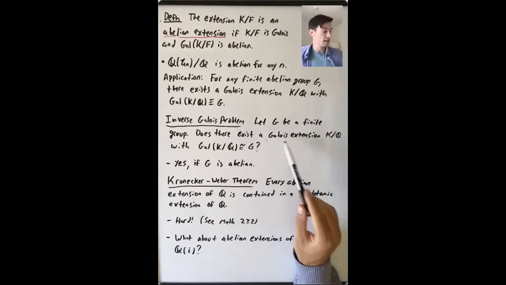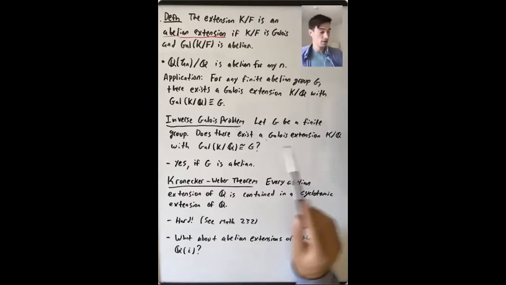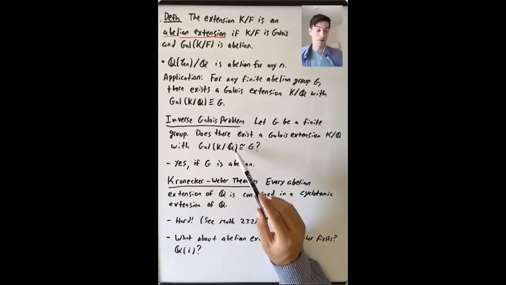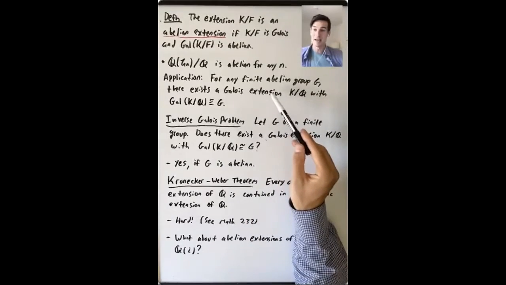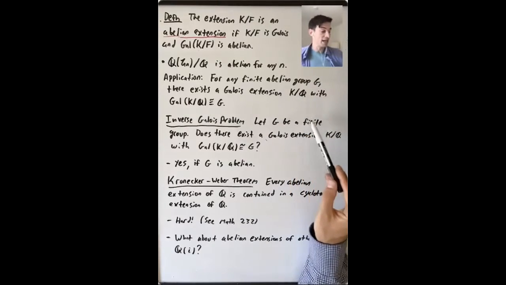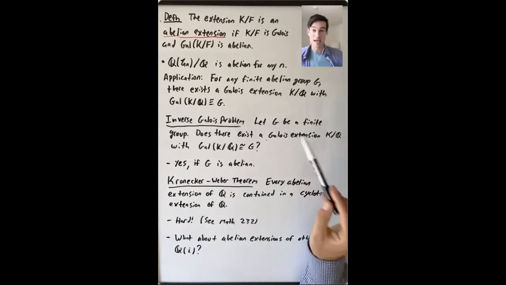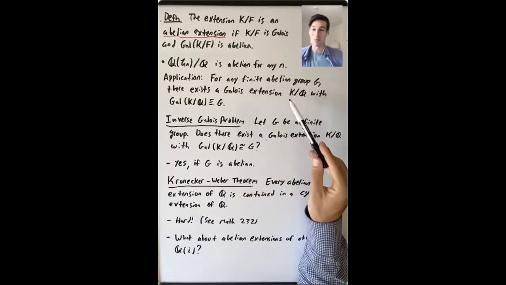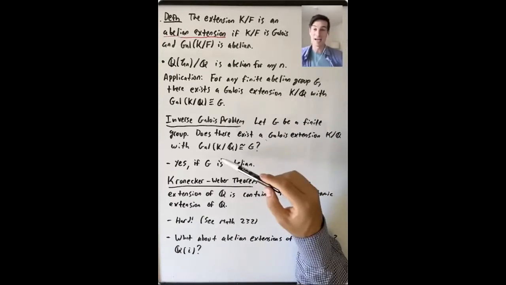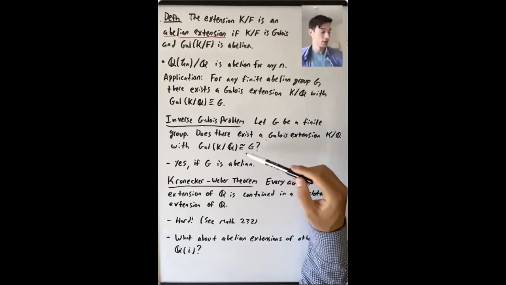Does there exist a Galois extension K of Q with the Galois group of K over Q isomorphic to G? So what is this application saying? It's saying if G is a finite abelian group, the answer is yes. So this is a solution to the inverse Galois problem for finite abelian groups over Q.